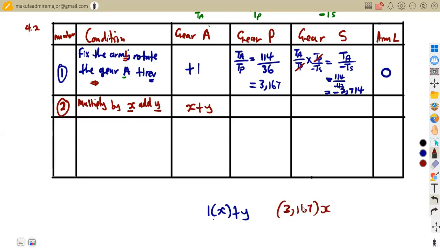Multiply it by X, whatever you get, you add Y. So at the end, you're going to have 3,167X plus Y. The same thing, multiply this value by X: minus 2,714X. We have multiplied by X, then we add Y. 0 times X, that's going to be 0X plus Y. So 0 times X is 0, so 0 plus Y, we are going to obtain a Y there.